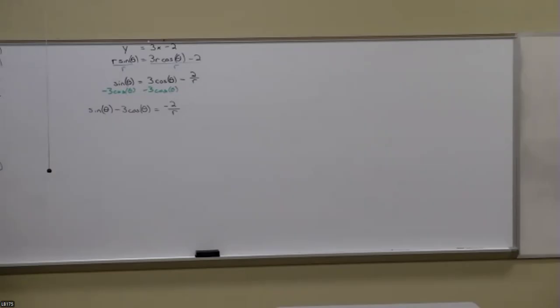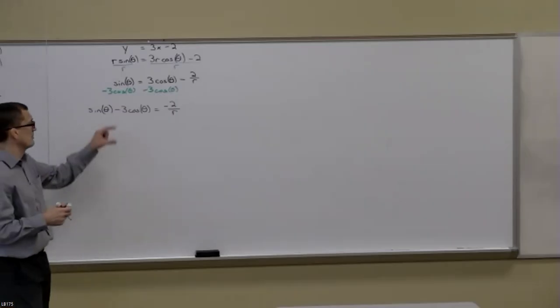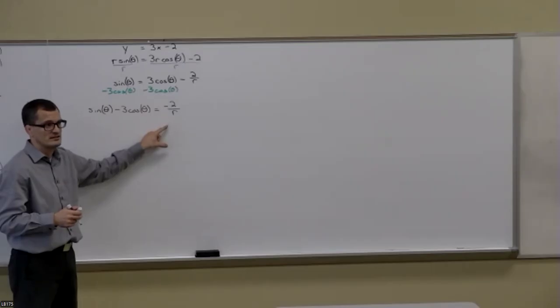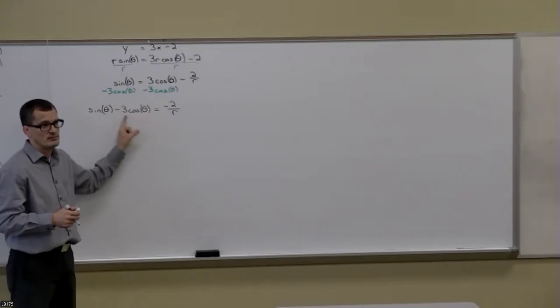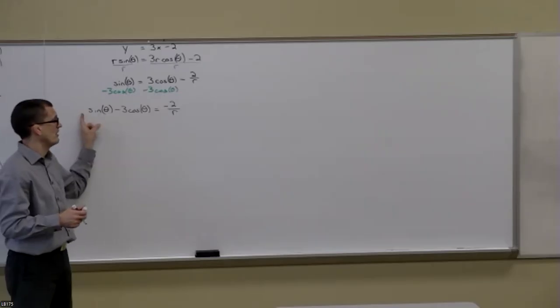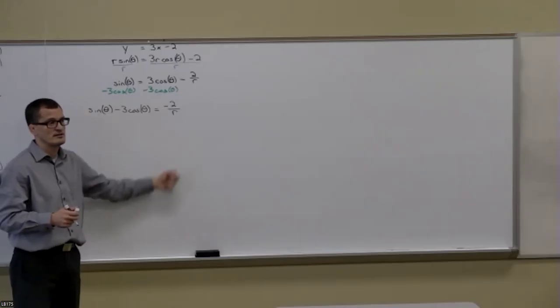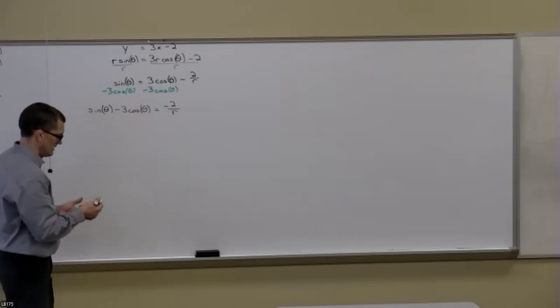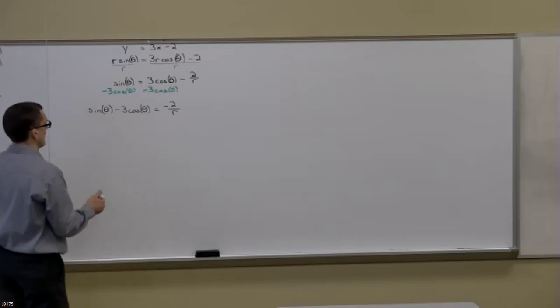And then there's a couple ways you can think of this. You can think in terms of reciprocals: take the reciprocal of that, set it equal to the reciprocal of that, and then multiply both sides by -2. Or you can multiply both sides by r and divide by that number. Either way, it's fine. I'll use reciprocals now.